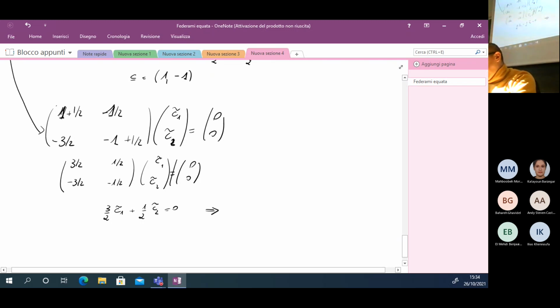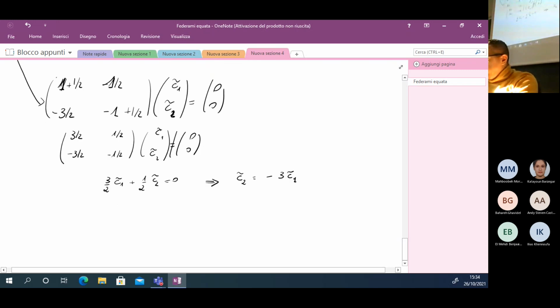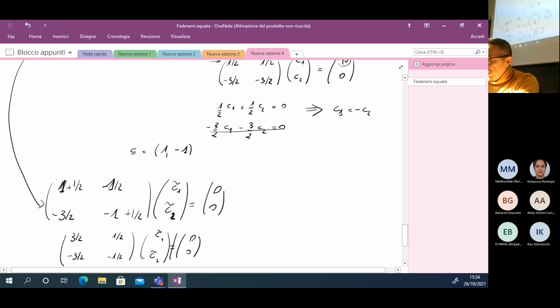And this gives C tilde 2 equals minus 3 C tilde 1. So the eigenvector corresponding to lambda 2 equal to minus 1/2 is C tilde, which has components 1 and minus 3. Instead, in this case, C corresponds to lambda 1 equal to 1/2.